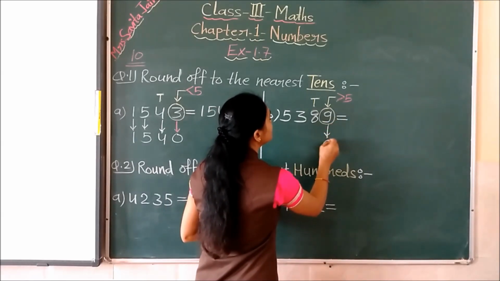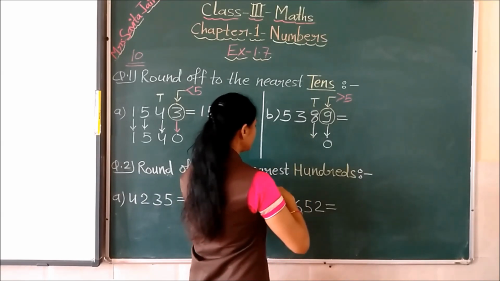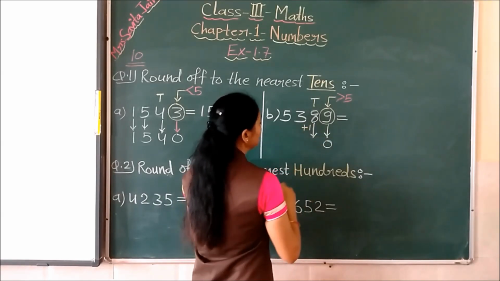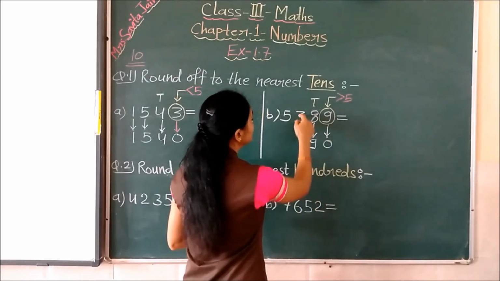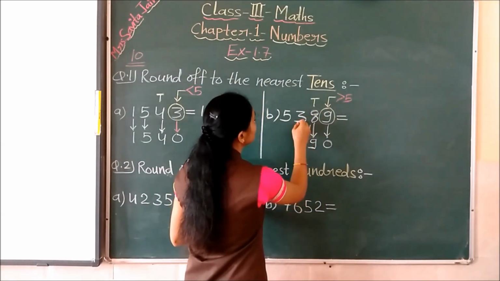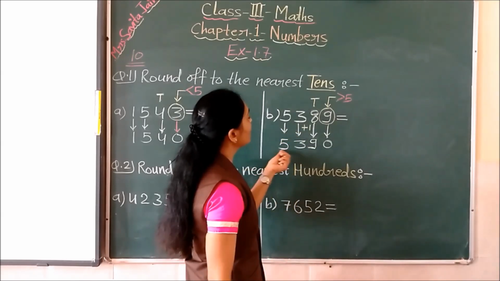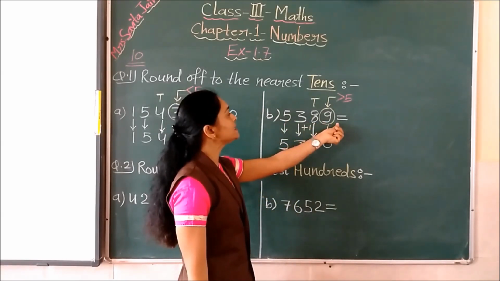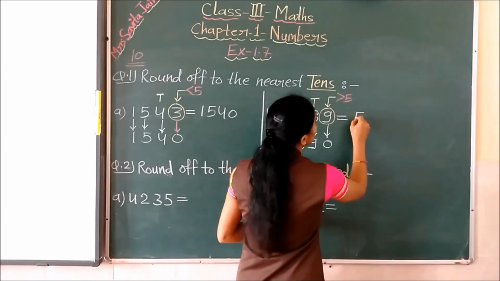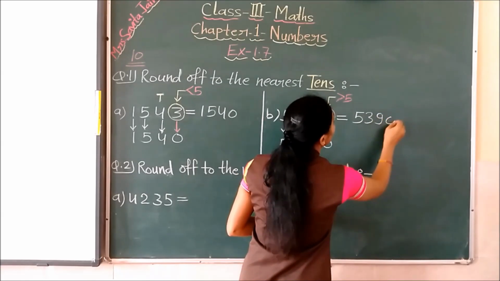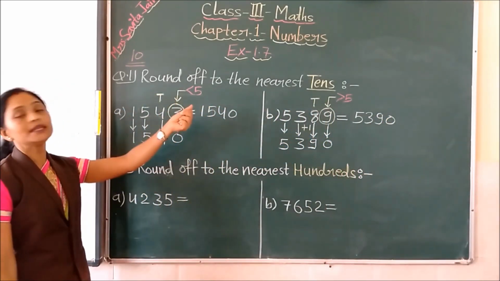So here we write 0, and this 8 plus 1 is 9 now. And these 2 digits will be similar as they are, we have to copy them down. So now we got the round off to the nearest tens of this number like 5390.